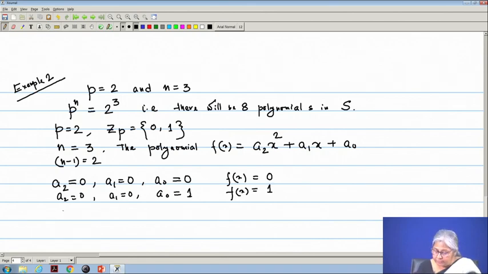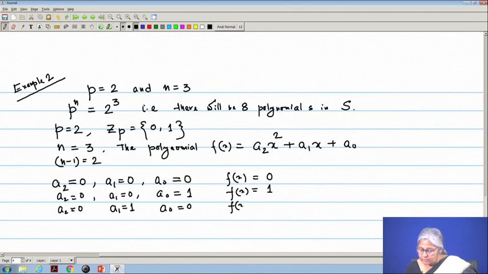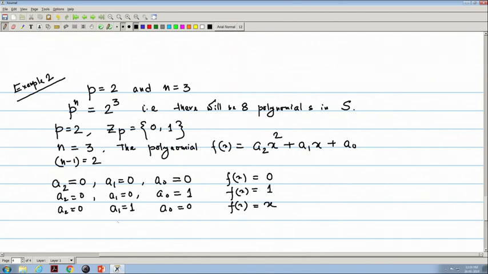Now, I consider a2 equal to 0, but a1 is 1, because they can take 0 or 1 values. So, if a1 equal to 1, then if a0 equal to 0, then f x equal to x. If a2 equal to 0, that means all possibilities we are taking, a1 equal to 1 and a0 equal to 1, then f x equal to x plus 1.